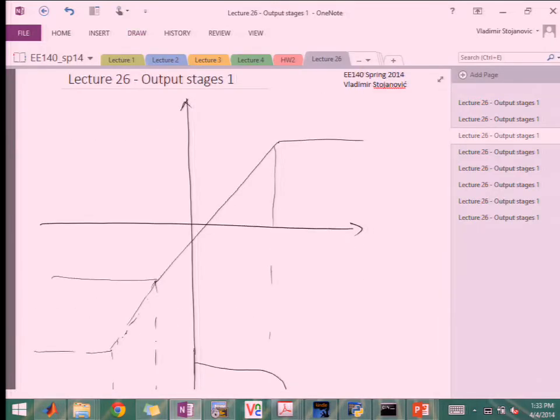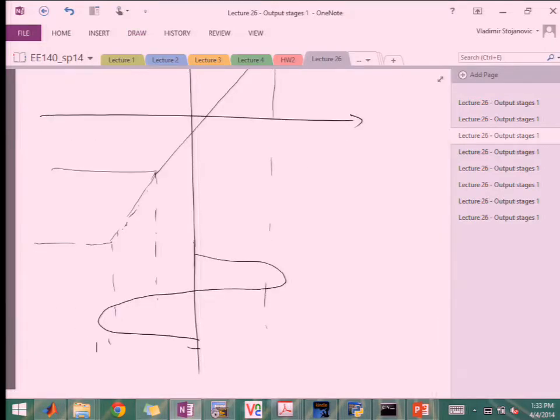In one case, we're just going to get clipping on the top for this longer curve.